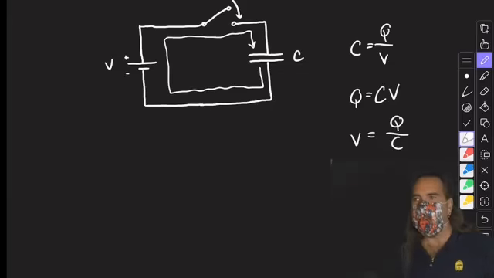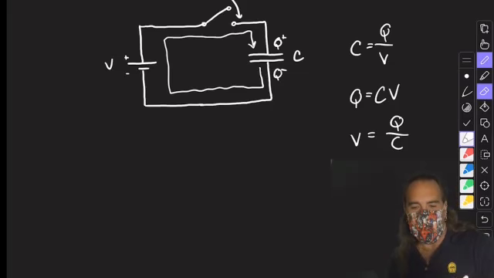Now, one of the more interesting things about capacitors is once charged, a capacitor will remain charged indefinitely. Meaning once you have separated the charge and charged up your capacitor and it becomes positive Q on one plate and negative Q on the other, once that has occurred, you can open the switch back up.